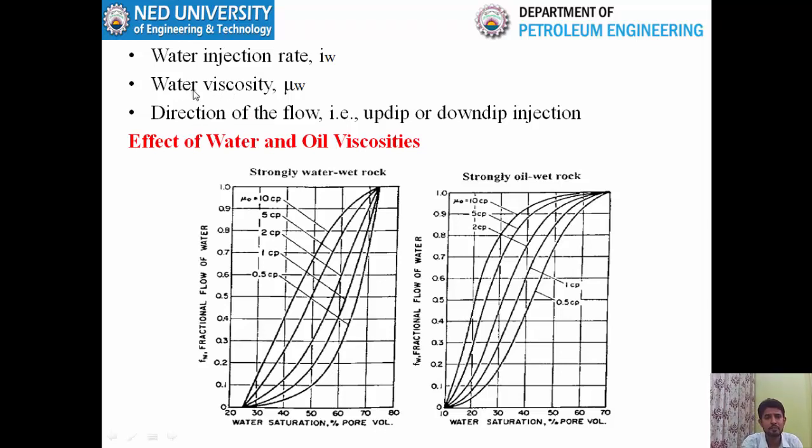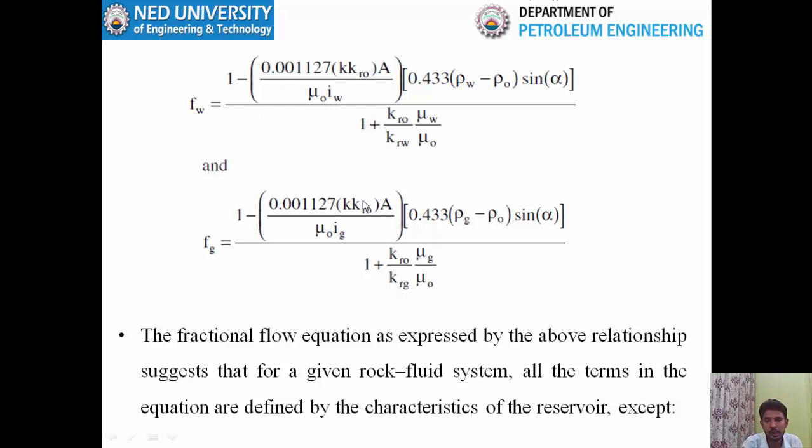Similarly, we know that we can play with water viscosities. Similarly, we can play with the injection rate. So the injection related parameters are in our hands and we can play with them. But oil viscosity, reservoir area, reservoir thickness, for example, we cannot play with, the reservoir related things.